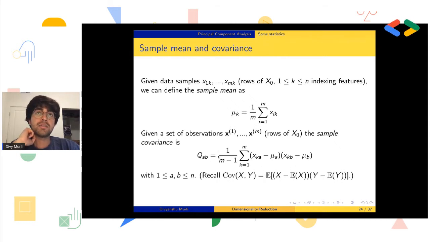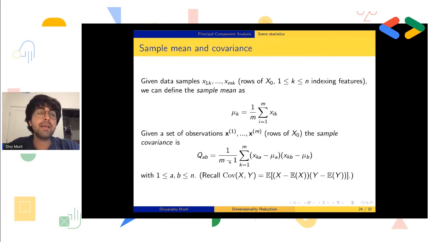And this 1 over m minus 1 is the mean over all samples. That's what this expectation value is. So it's a sample mean because we're taking the mean over these samples of this thing in brackets, and this thing in brackets here is the same as this thing here. So just a small side note.